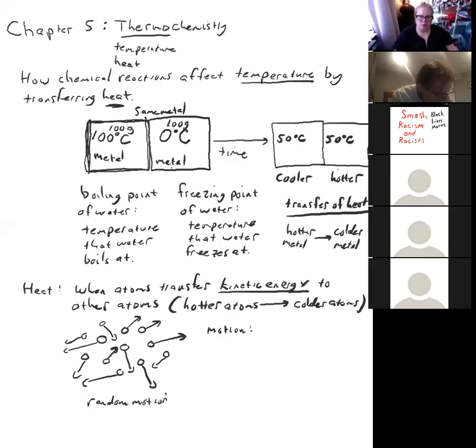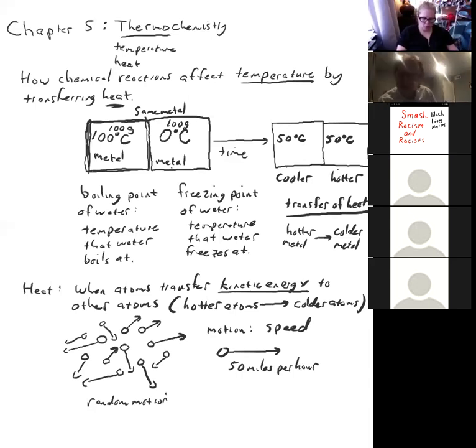Okay. So when an object has motion, it has what we call speed, right? So for example, an atom could be moving, let's say, 50 miles per hour in this direction. It has a speed, but we're going to use a different term for that. We're going to use velocity.